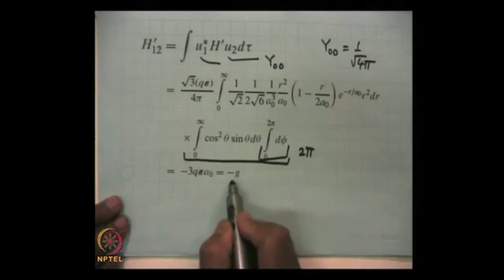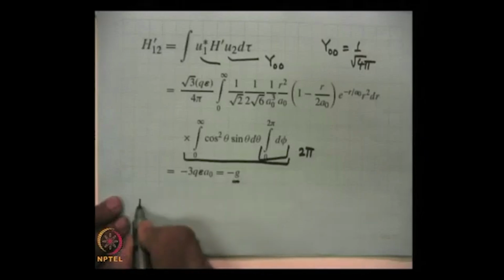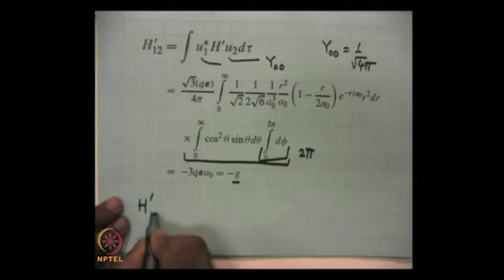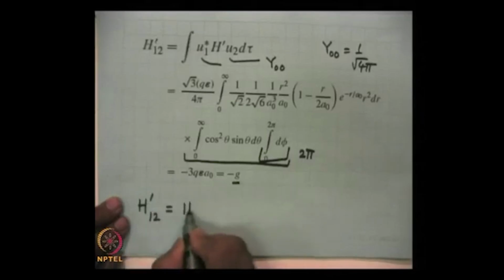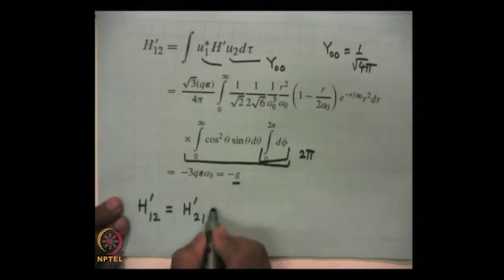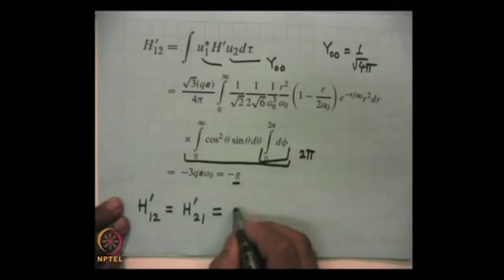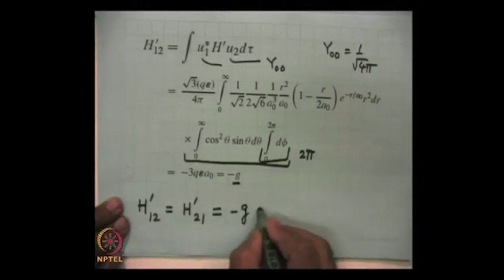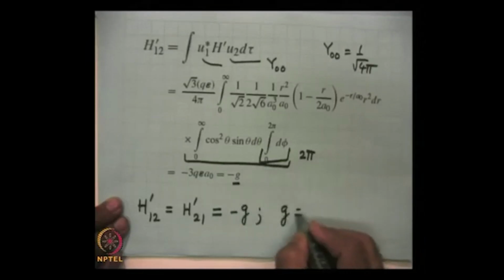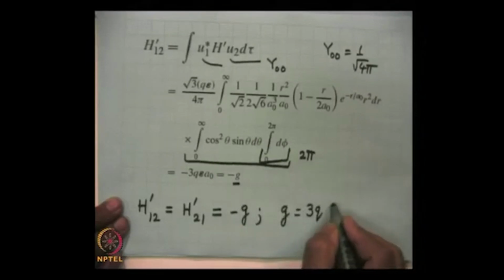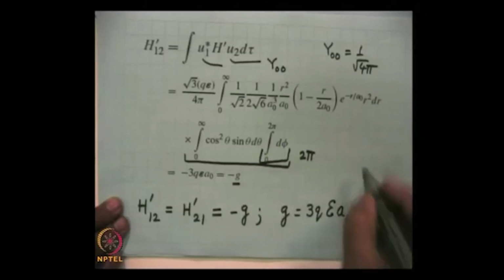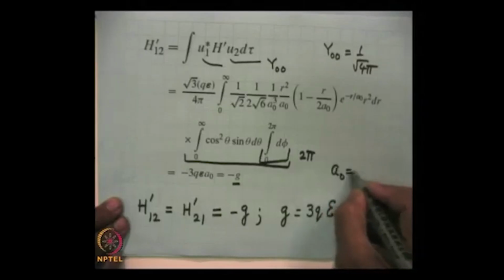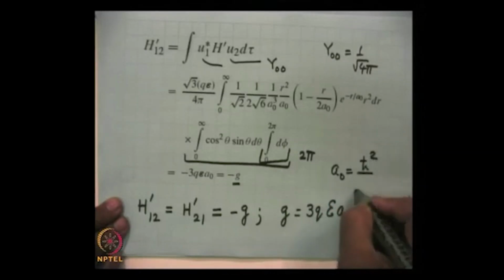So, that comes out to be G. One has to spend some time in brute force calculating these. The only two non-vanishing matrix elements are H prime 1 2 equal to H prime 2 1 equal to minus G, where G is equal to 3 q E a 0. E is the strength of the electric field, and a 0 is the Bohr radius, a 0 is h cross square by mu e square.